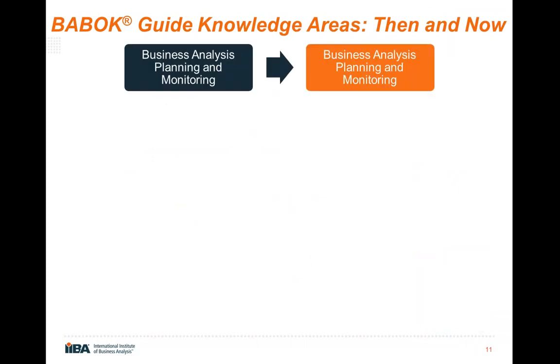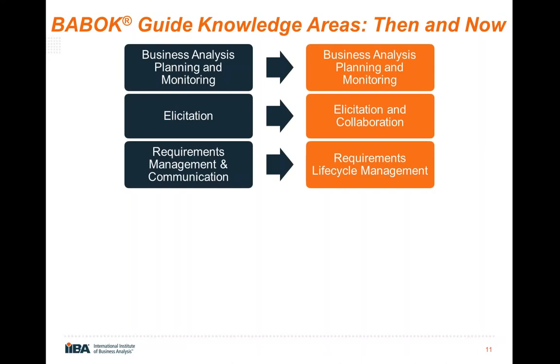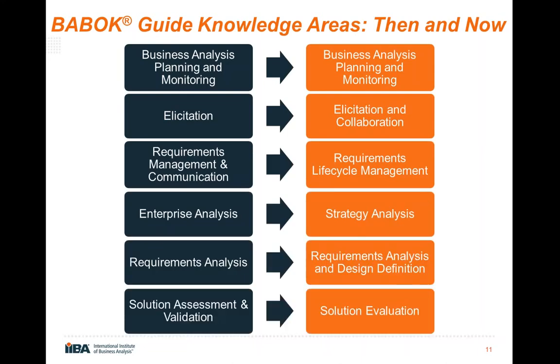Some of the key changes that have happened is the chapters, the way they got redefined. The number of knowledge areas still remains 6, but some of the knowledge areas have gone through changes. For example, business analysis planning and monitoring still remains the same, but elicitation is extended to also include collaboration. Why?